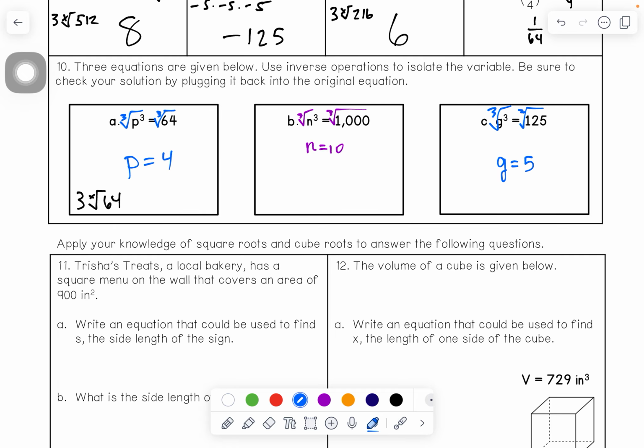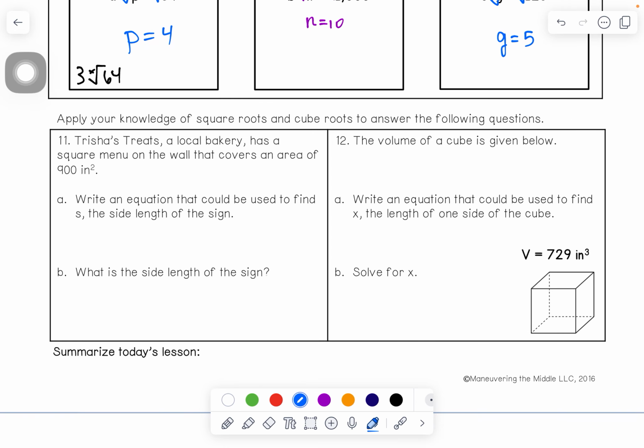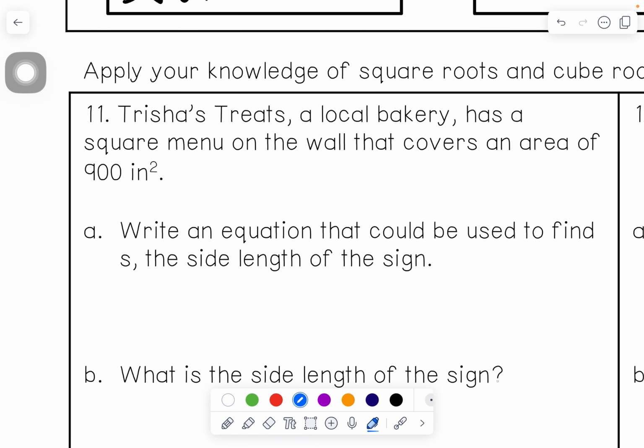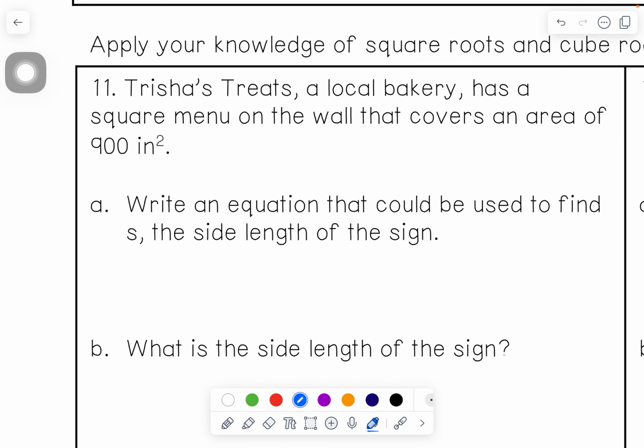Last up, we have 2 word problems here. Trisha's Treats is a local bakery that has a square menu on the wall that covers an area of 900 square inches. Write an equation that could be used to find the length of one side of the sign. If it's square inches, that would be 2, so s squared would have to equal 900. That's the whole idea here, is that we have to know what shape we're talking about.